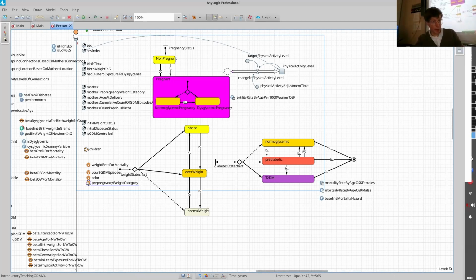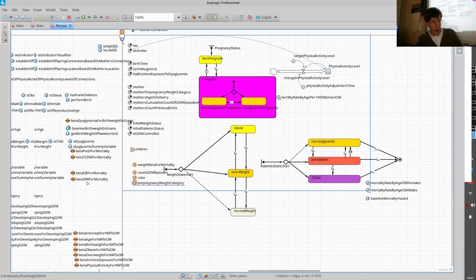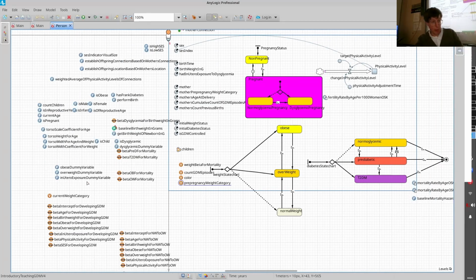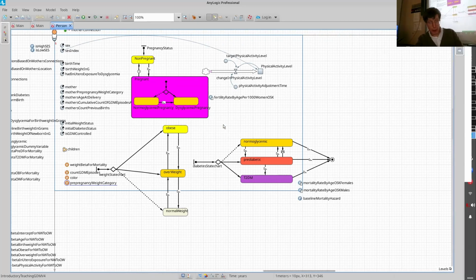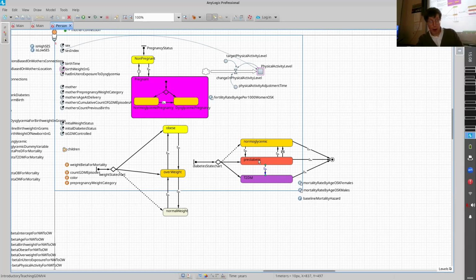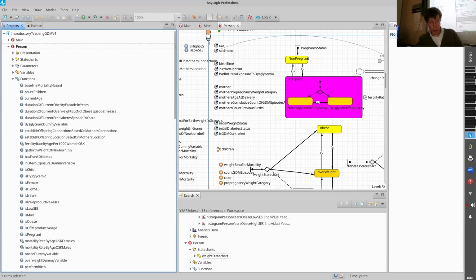So I wanted to highlight that, but I also wanted to highlight some additional aspects of transitions, and specifically for this transition to type 2 diabetes. I double-clicked on this to get a full focus on that.